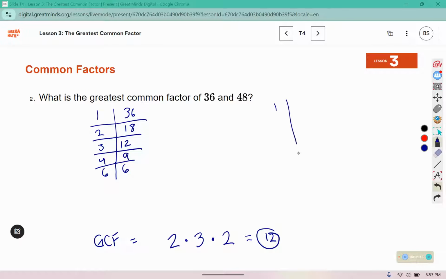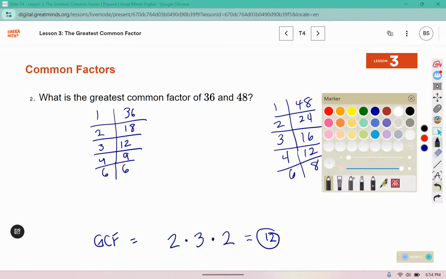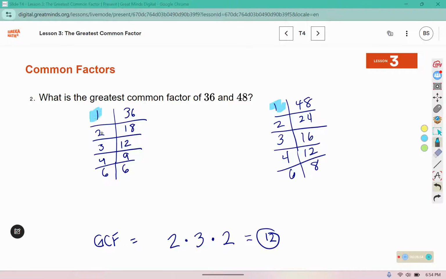And for 48, we'd have 1 and 48, 2 and 24, 3 and 16, 4 and 12, 5 wouldn't work, 6 and 8, 7 wouldn't work, 8's already there, 9 doesn't work. And then we can go through and highlight all the ones they share.